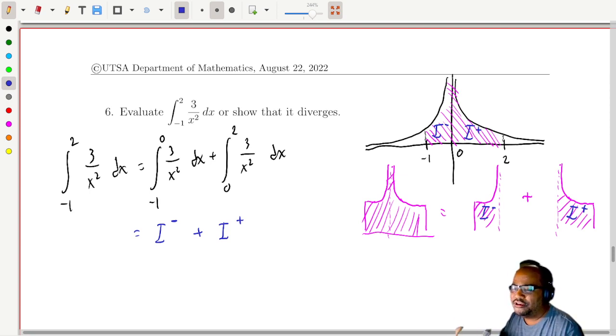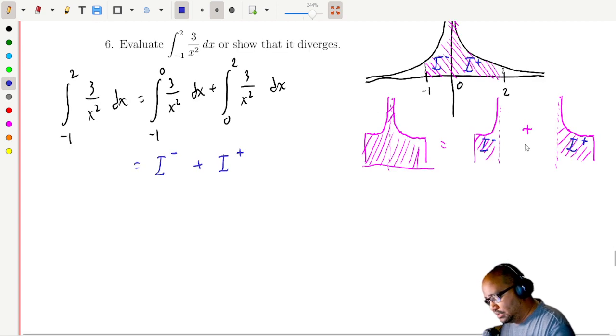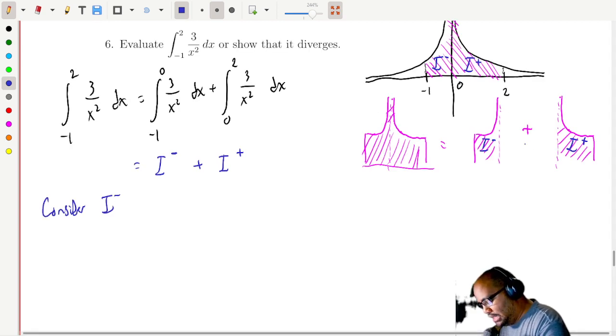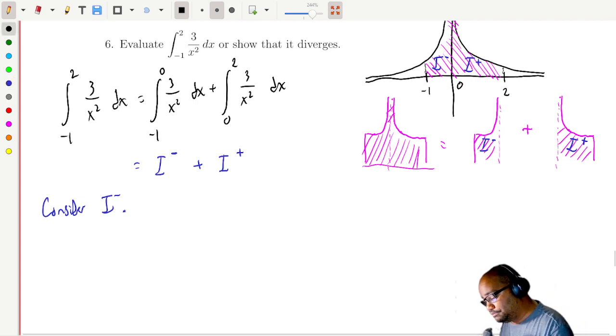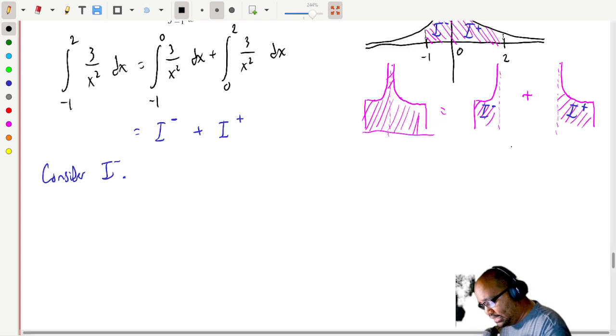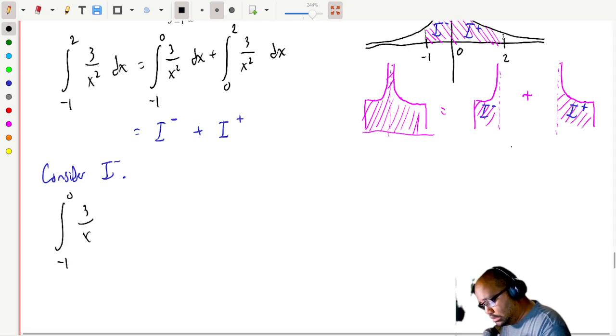Come back. Okay. If I can show that one of these integrals fails to exist, I'm done. So we're going to go ahead and do that. So consider I minus. Let's consider the integral I minus here. So we're going to look at the integral from -1 to 0 of 3 over x squared dx.